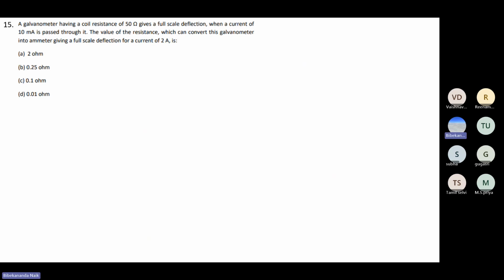So it is a similar question to that of the previous question we had discussed, to change the range of the ammeter to 2 ampere to 6 ampere. Here the range is to be changed from 10 milliampere to 2 ampere.